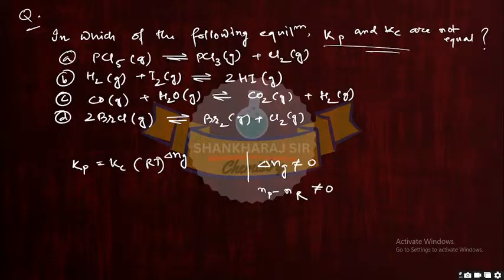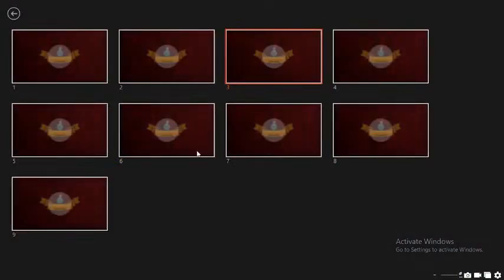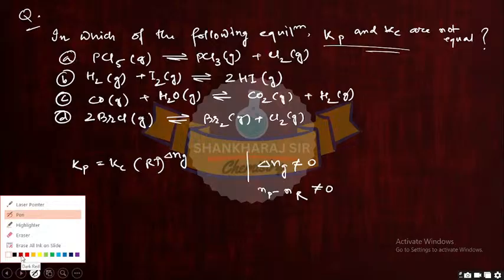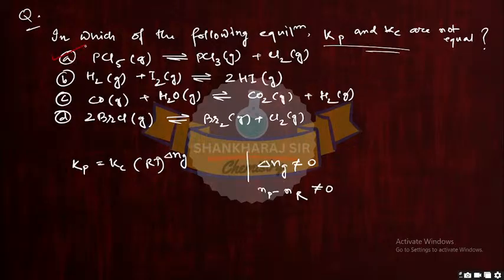Only option A is suitable. In option A, this side we have only 1 mole and this side we have in total 2 moles, so it is our answer. In the other options we have the same number of moles on both sides, so obviously these 3 are not our answer.